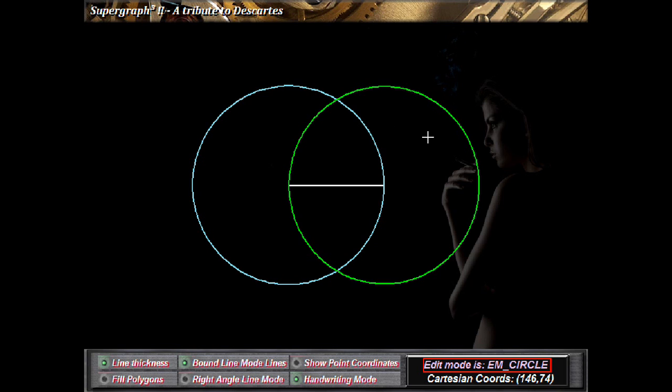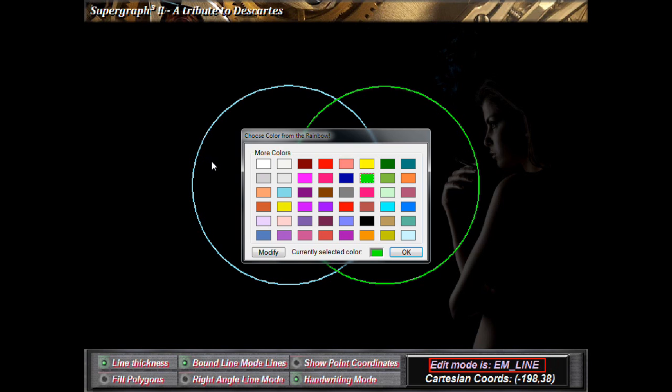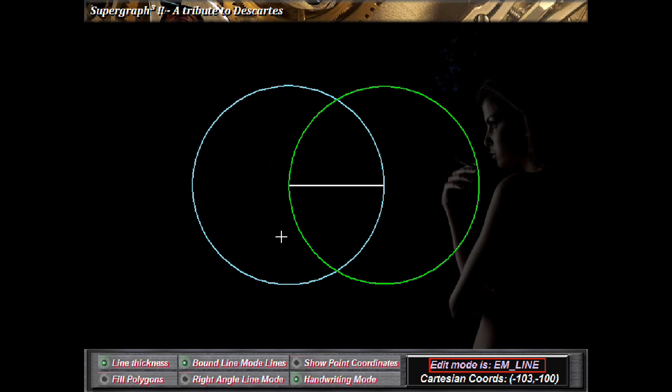Now, I take my straight edge, which is line, red, let's say, bounded line. I'm allowed to draw from a given point to any other given point. Now, I haven't been given a third point, but we've constructed a third point, which is the intersection of these two circles.